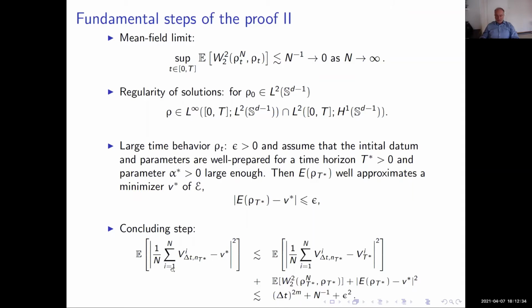What you get is basically that the distance between the algorithm iterations on average is not far from the average of the solutions of the SDE system, the expected distance from the empirical measure to the law can be bounded by this rate, and then the expected value of the law is not far from the global minimizer. By putting together these three levels of approximations, one gets the final result.